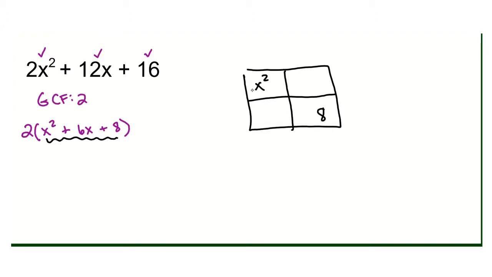You always multiply your first number by your last number. So 1 times 8 is 8. I'm looking for two numbers that multiply to 8 and that add to my middle term of 6. So go ahead and pause the video and see if you can find the factors of 8 that add to 6.